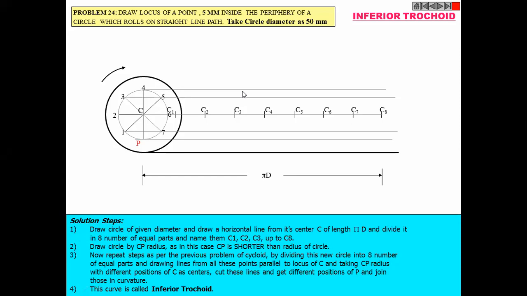Point C1. Yes, point C1 compass. Then with that radius, cut an arc on the line coming out of point number 1. Yes. C1, 7. C2, 2. C3, 3. Likewise.